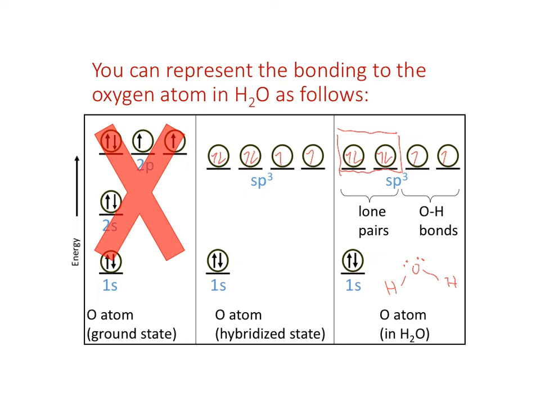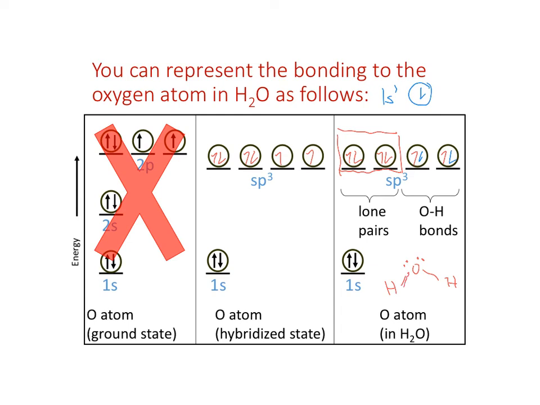And then the other important thing is I've got 2 other electrons that are each also in an sp3 hybrid orbital. So how do I explain the bonding interaction of water? Right, again, here comes hydrogen. Hydrogen is 1s1. Here's my s orbital of hydrogen with its 1 electron. And that can overlap with this hybrid orbital and overlap with this hybrid orbital to make the 2 bonding interactions we observe in water.